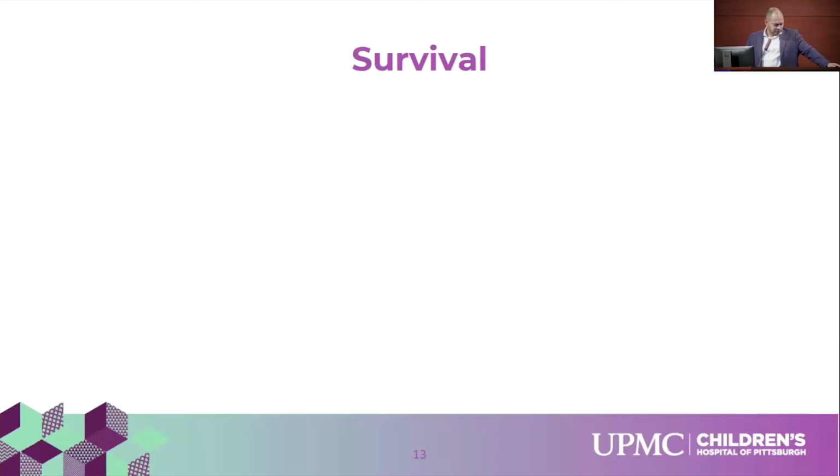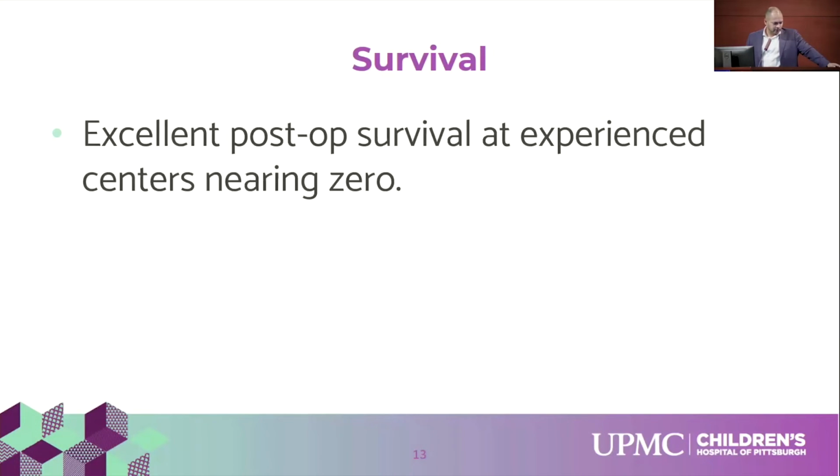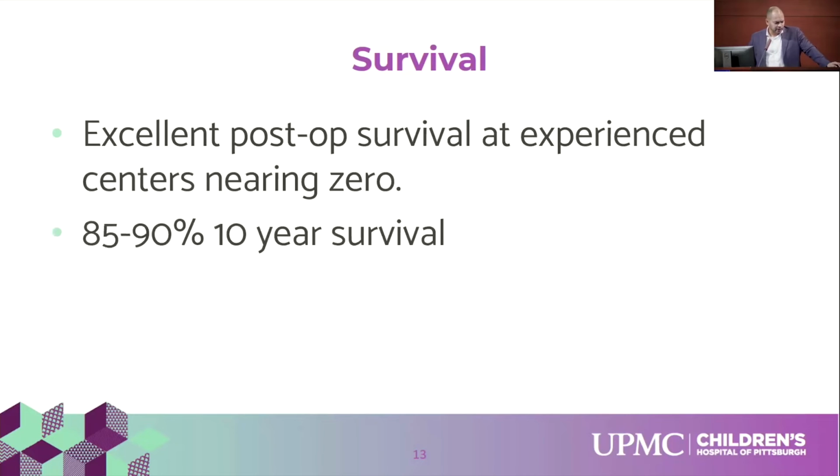And as far as survival is concerned, there's excellent post-op survival, and at experienced centers, that is the key, the immediate mortality is nearing zero. And there's a variety of papers out there, all small studies. I'll come to those in a little bit.